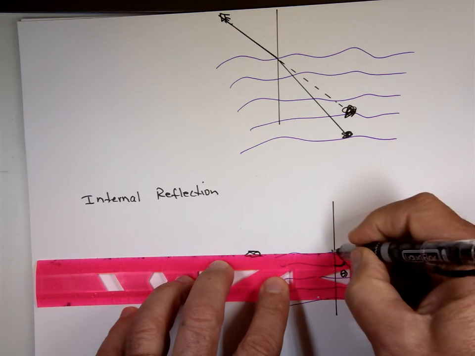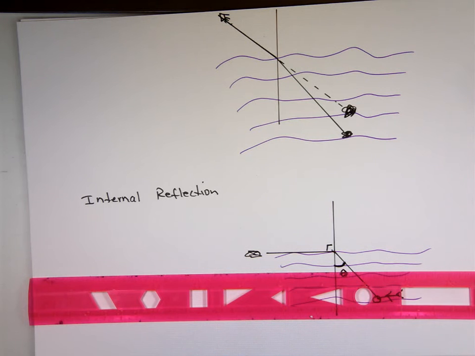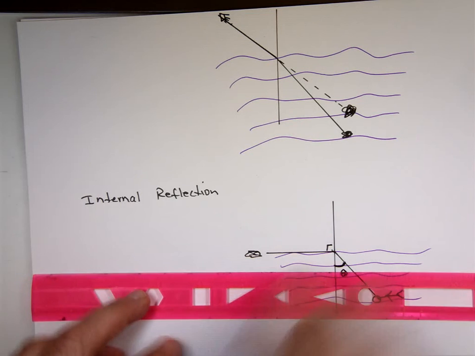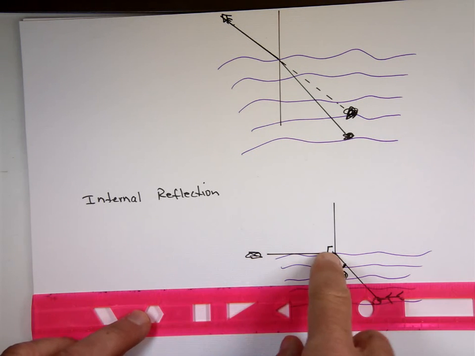Comes out horizontal like this. So this is 90 degrees. That's what internal reflection is. Because if it's with the ground, they're not going to see us. Anything greater than that is going to reflect back into the water. So we're looking for that critical value that when the beam comes out, it's horizontal with the ground.